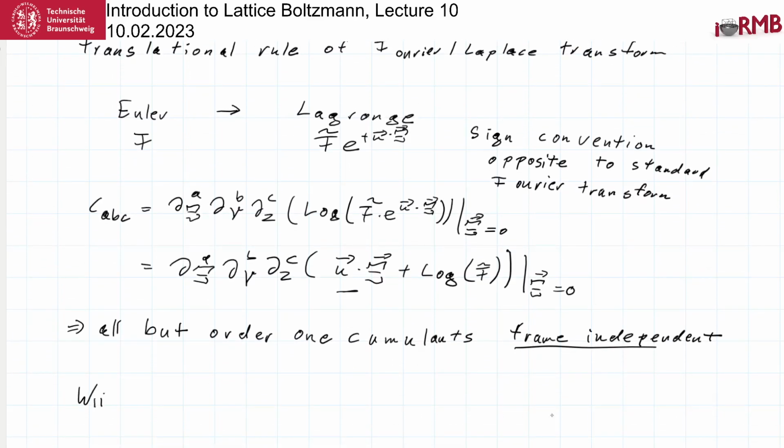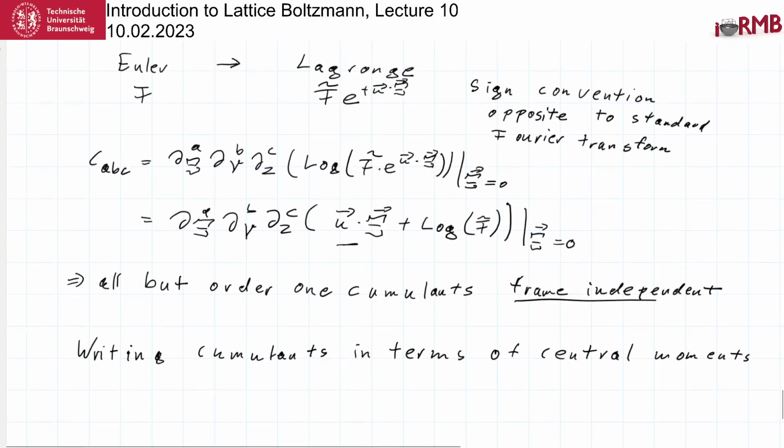Now let us write cumulants in terms of central moments. This is what we usually do because this is more efficient than in terms of raw moments.